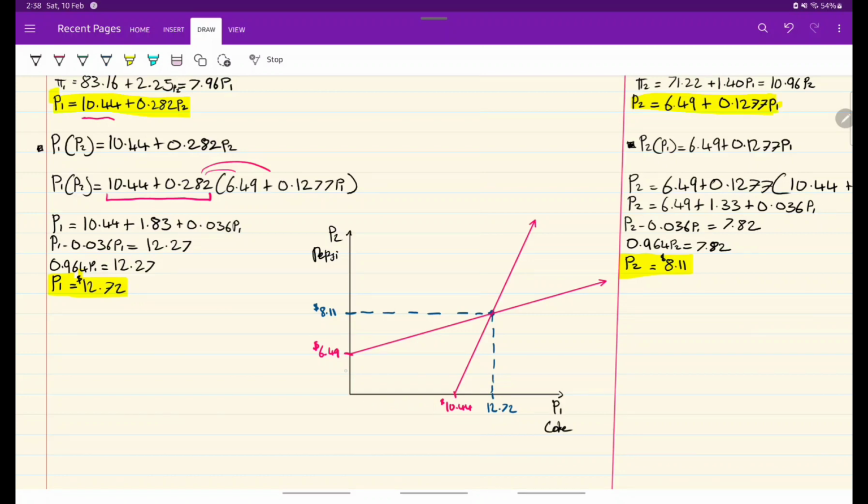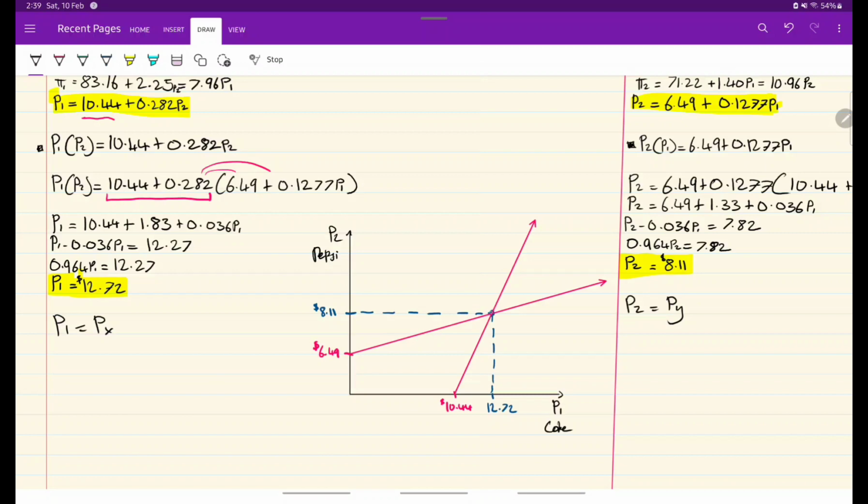And then same thing for y on the y-axis. So P1 could be PX, P2 could be PY. And that will make sense. And you put their respective prices that they're going to charge.